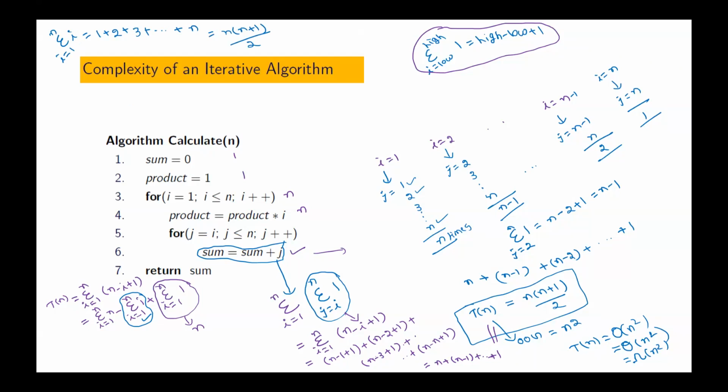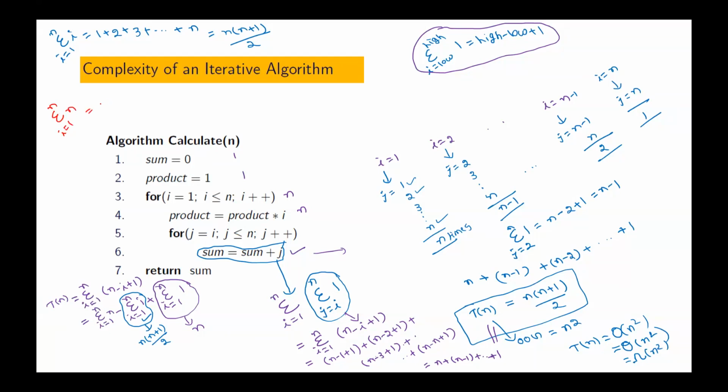Is that correct? Sigma i equals 1 to n of i is the same as n into n plus 1 by 2. So here we can write it as n into n plus 1 by 2. Now what is sigma i equals 1 to n of n?